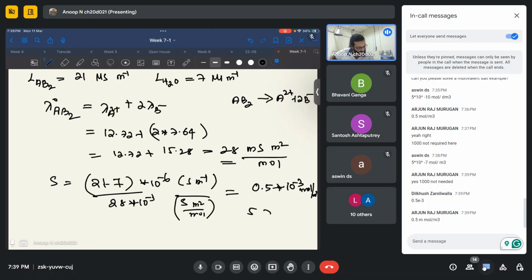I'll write it as 5 into 10 raised to minus 4 mole per meter cube. Just recheck the units. It is direct substitution. You have to convert everything to Siemens because one unit is given as micro Siemens and another one is milli Siemens. So there is a 10 raised to 3 order of magnitude difference.